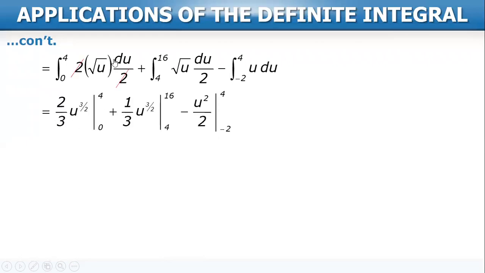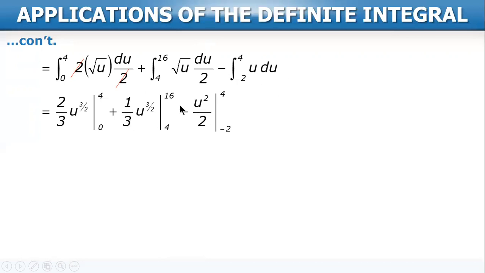And square root of u du, the integral is u raised to 3 halves over 3 halves, or reciprocal 2/3 from 0 to 4. And then this one, square root of u du, u raised to 3 halves over 3 halves, but you have 1 half, so makancelan to, the result is only 1/3.